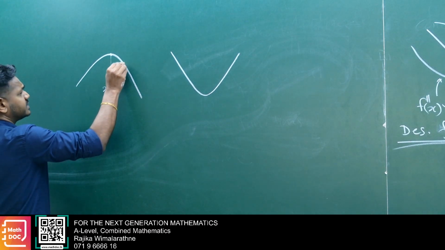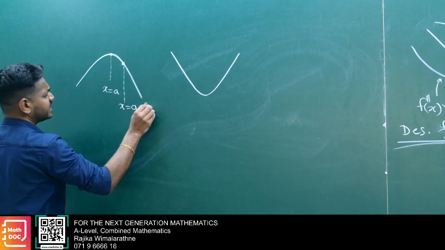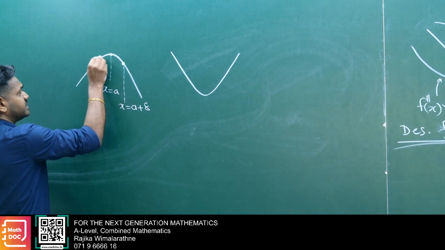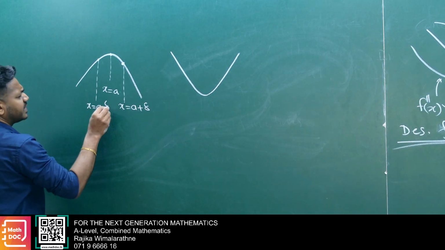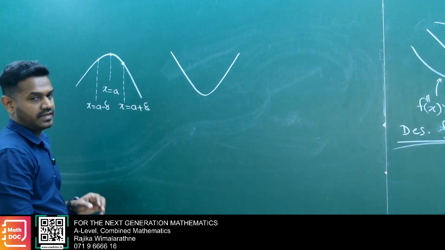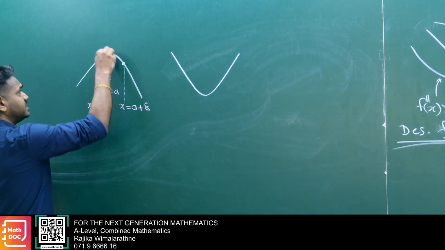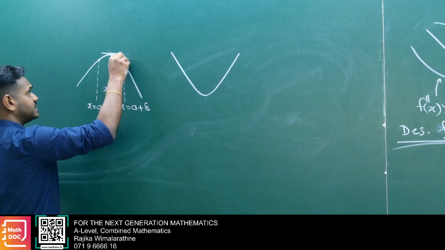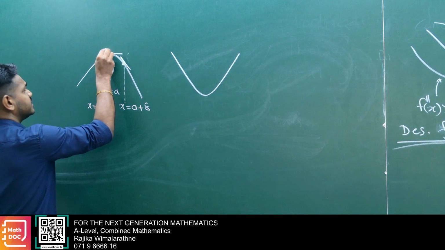Then take this point, x equal to a plus delta. Delta means a very small value. And take this point, x equal to a minus delta. Okay. Then when you sketch a tangent here, we know that is parallel to the x-axis. Here an obtuse angle, and here an acute angle.